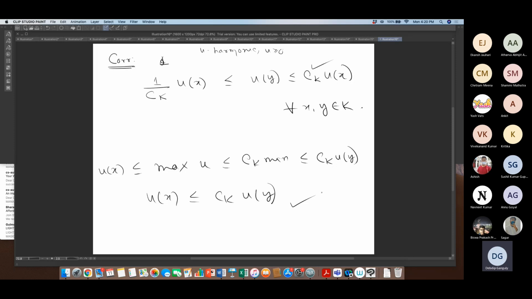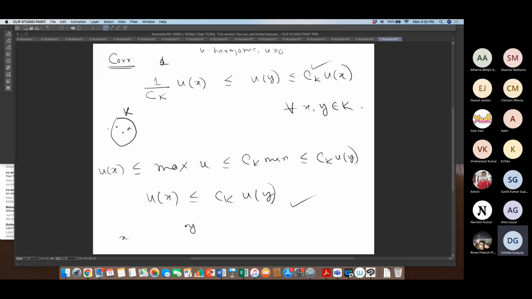Okay. So the main stress of this Harnack inequality is that any two points x, y inside a compact set can be estimated: the value of u at one point can be estimated by the value at the other, with both upper and lower bounds.